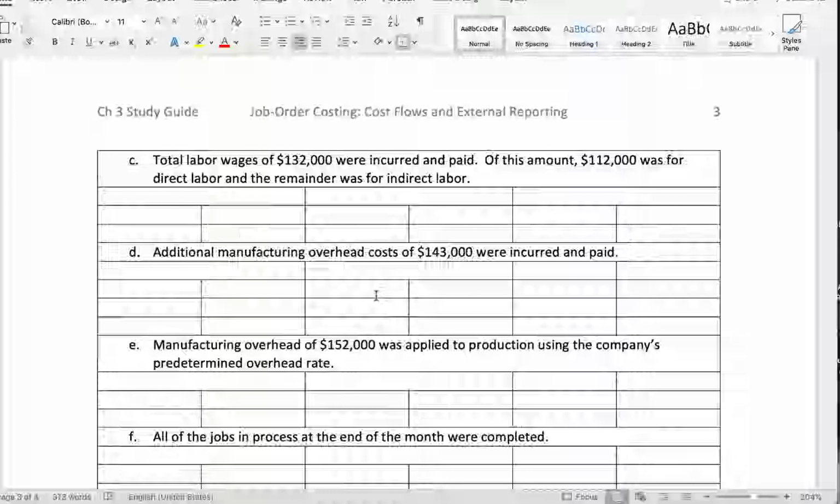So the first thing we have to recognize is what accounts are hit. Right off the bat, as in letter B, I know I have to debit WIP and I have to debit manufacturing overhead for the actual.